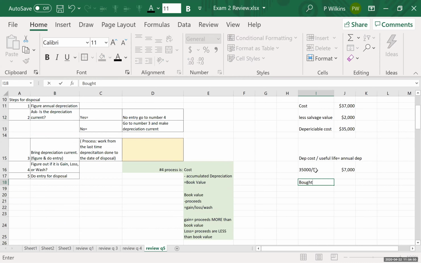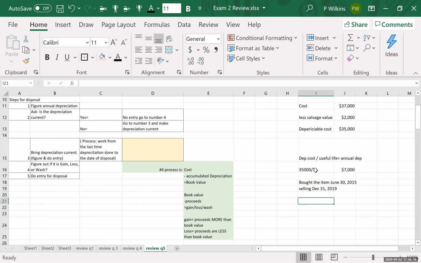We bought the item on June 30th, 2015. We are selling the equipment on December 31, 2019. So we know that depreciation is done on December 31.